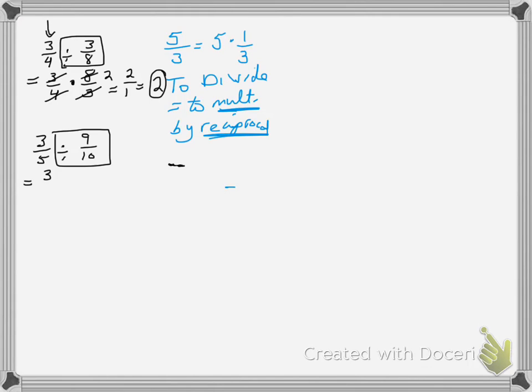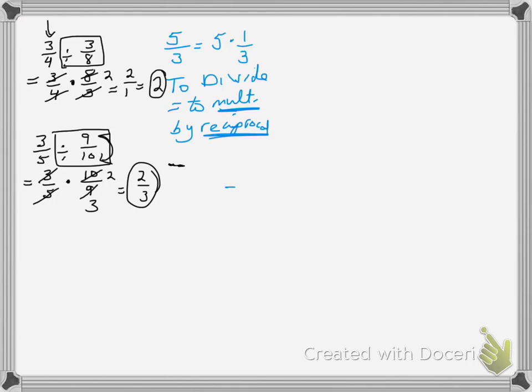So I copy the first fraction as it is, and to divide by something means to multiply by the reciprocal. So I'm flipping the 10 and the 9 from numerator to denominator. Again, canceling. 3 goes into 9 3 times, 5 goes into 10 2 times, and my answer is 2/3.